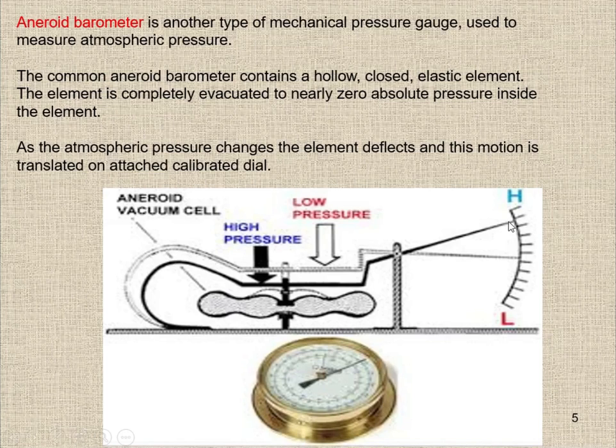So this is the mechanism for the low pressure, and this is the mechanism for the high pressure. As the atmospheric pressure changes, the element deflects, and this motion is translated onto an attached calibrated dial.